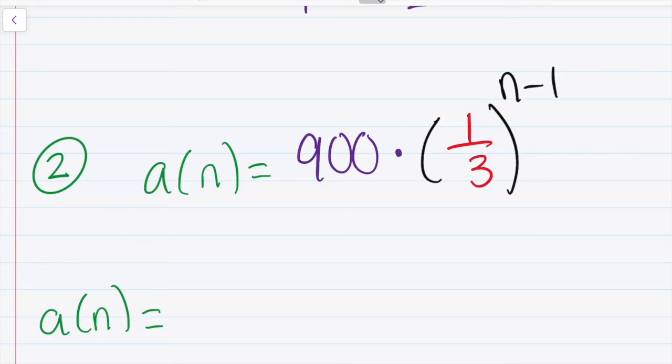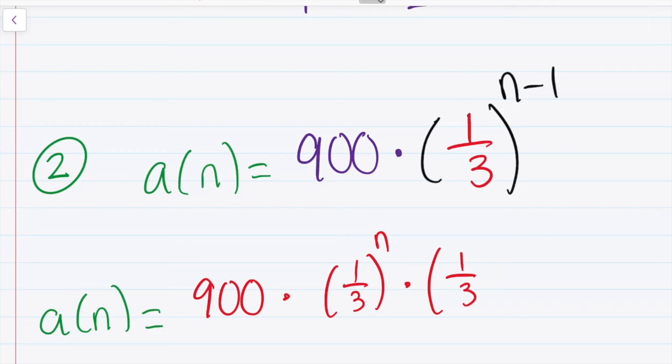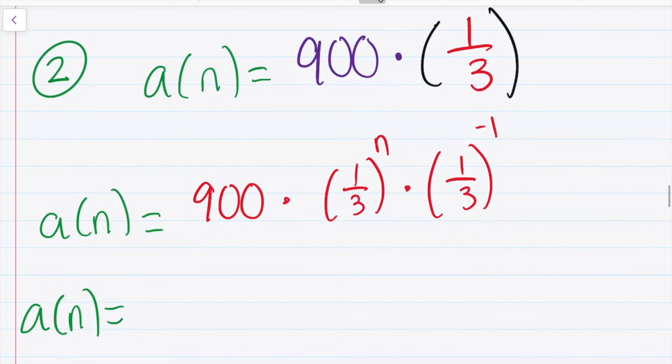First of all, let's break it down. So we have 900 times, and like we did before, let's break down the exponents: 1/3 to the power of n times 1/3 to the power of -1. There we go. Now here's what's going to happen though. If you don't remember this, you technically have two bases here.